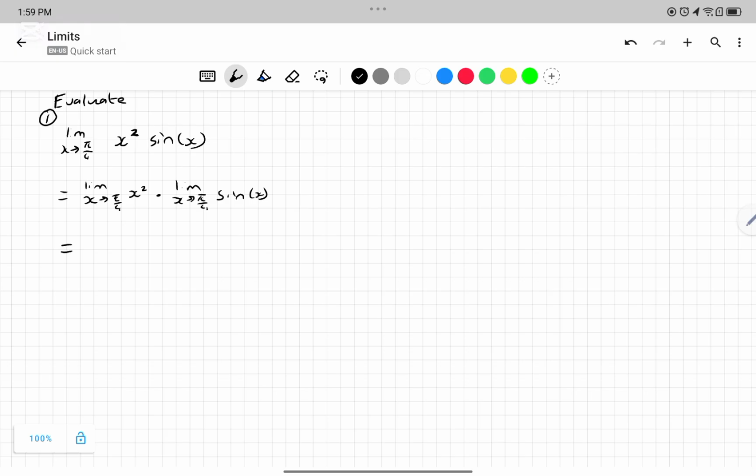So what do we have? We have pi over 4 squared times sine pi over 4, which sine pi over 4 is 1 over root 2, so also over 2 over 2.